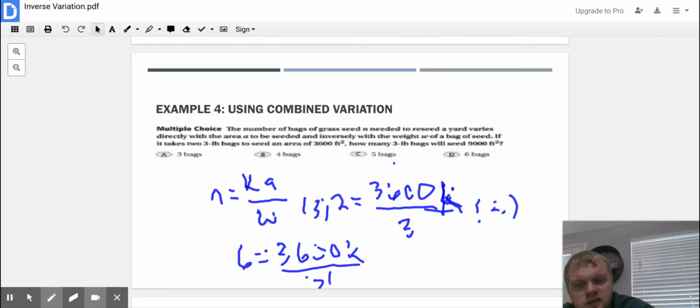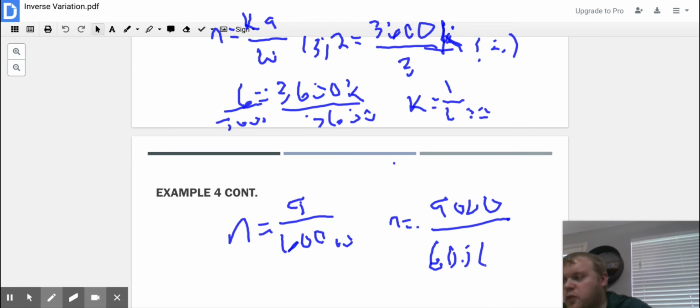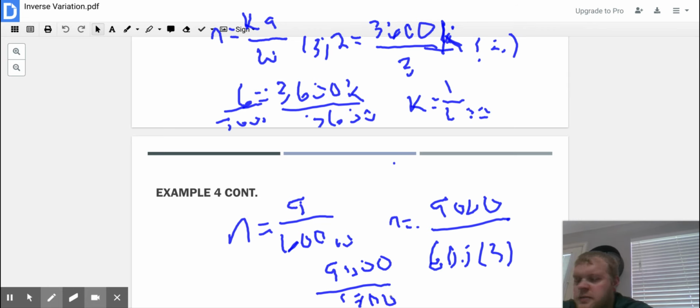So N equals 9,000 square feet over 600 times W, the weight of those, there are 3 of those bags. So 600 times 3 gives us 1,800. So 9,000 over 1,800, and that simplifies down to 5. Which, as we see in our answer there, would mean that our answer is C.